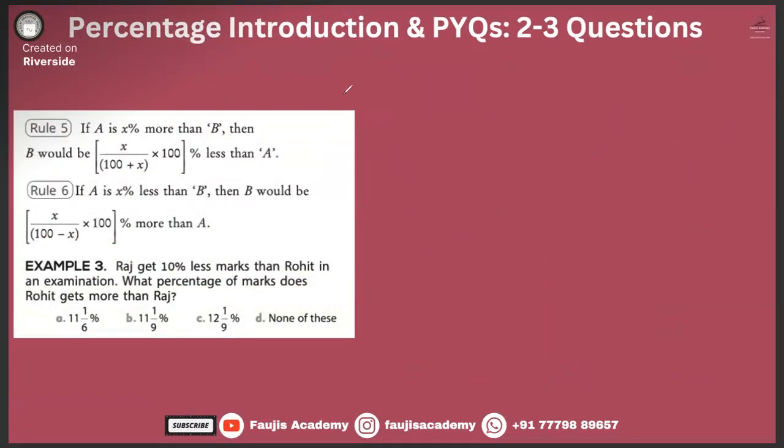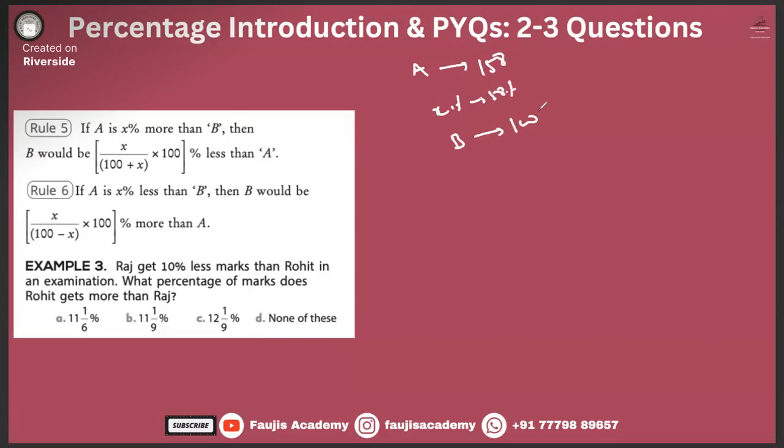Rule number 5: if A is X% more than B, then B would be X divided by 100 plus X, into 100%, less than A. If A is X% more than B, let us say A is 158. Then X% is 58%, and obviously your B will be 100.